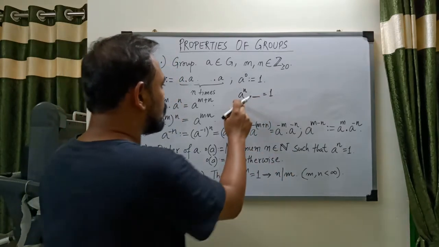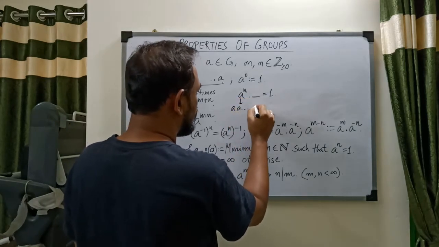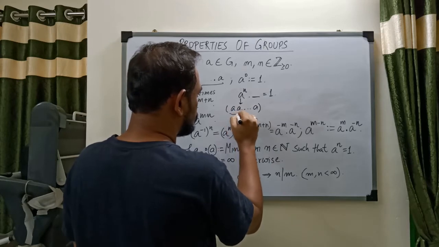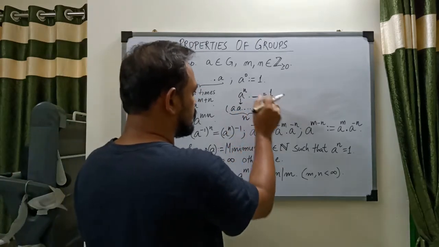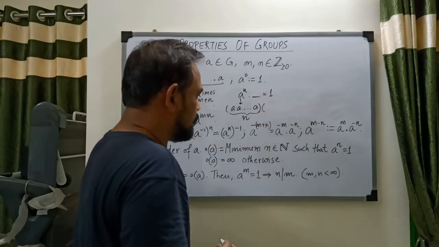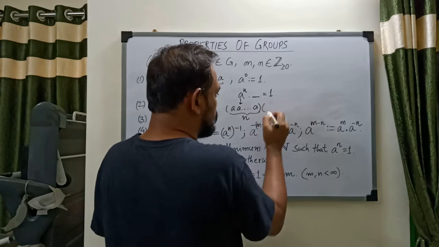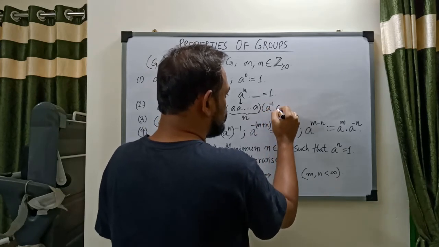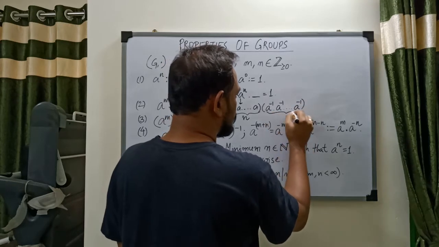Now what is a^n really translated to? This is a multiplied n times. Now I'm looking for an element here. What I do is I say that this is going to be a inverse put together n times.